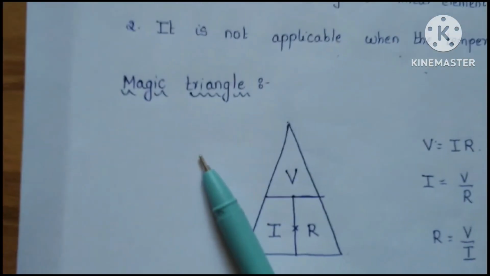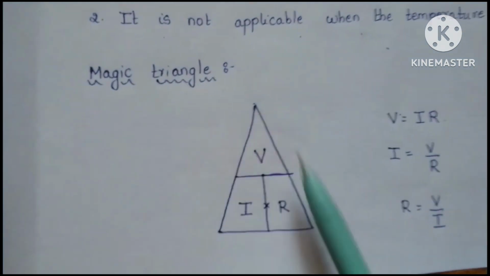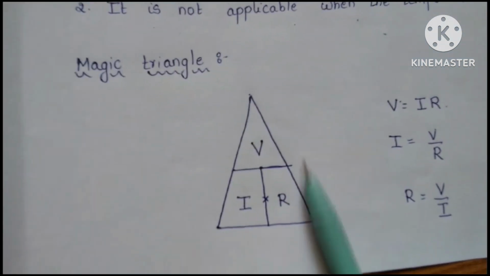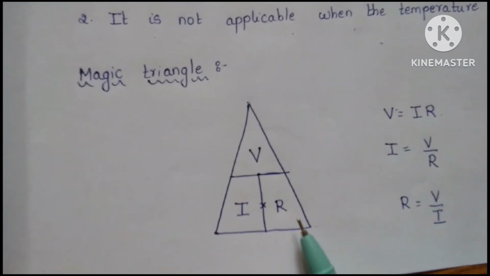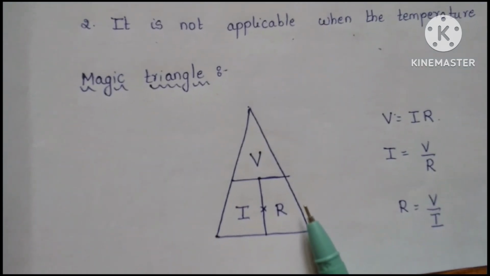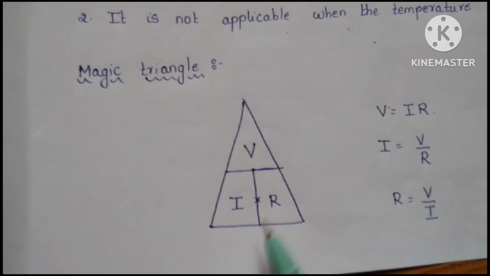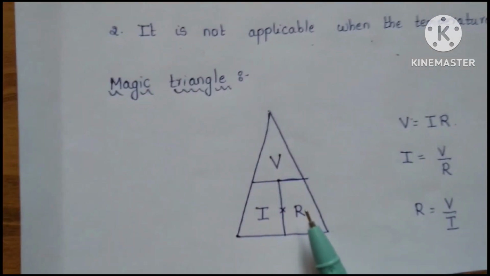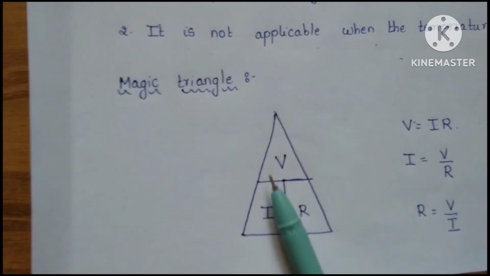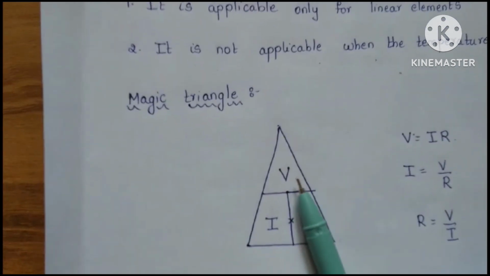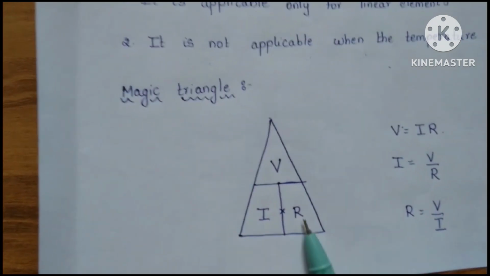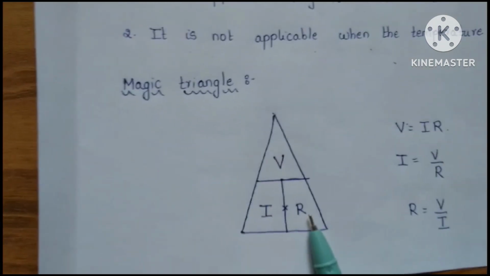So how to remember Ohm's law is by using this magic triangle. So here we are going to represent the magic triangle, and the elements which are represented are V, I and R. So when we want to write the equation for V, the elements I and R are adjacent to each other.